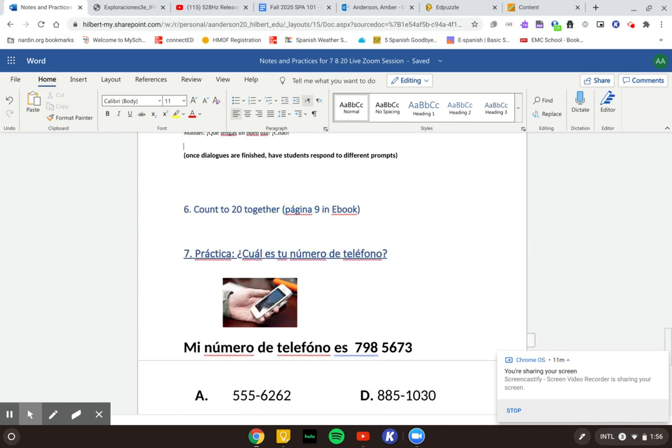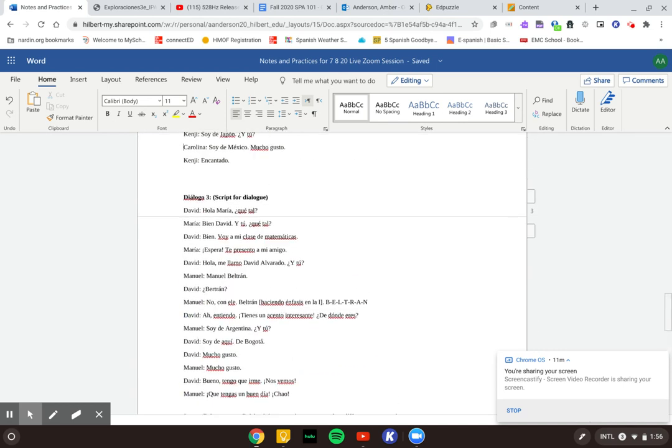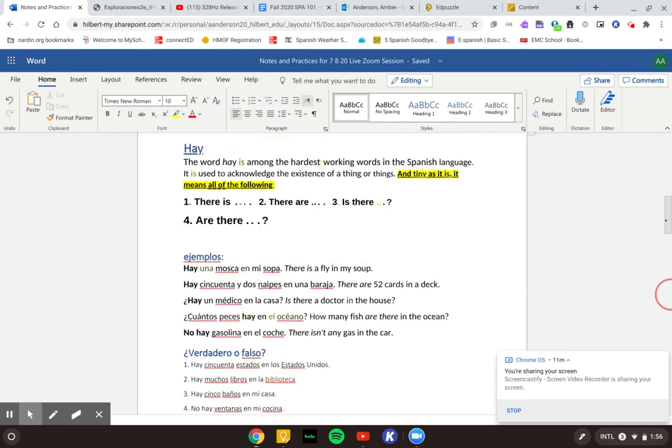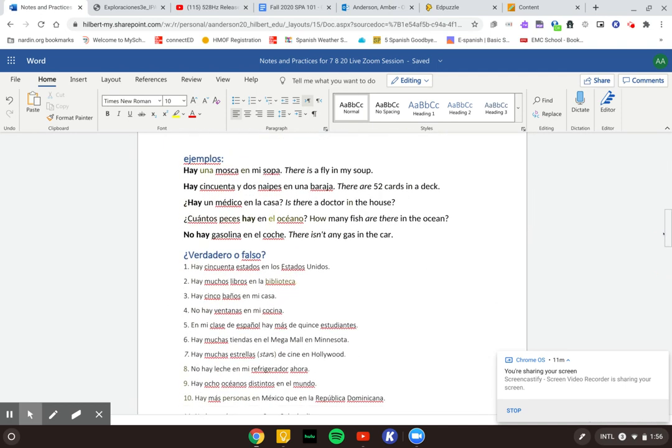The next part, we're just going to read a couple sentences. I apologize, my computer just jumped. Let's look at these sentences. So please repeat after me. Hay una mosca en mi sopa. You can look at the English translations.